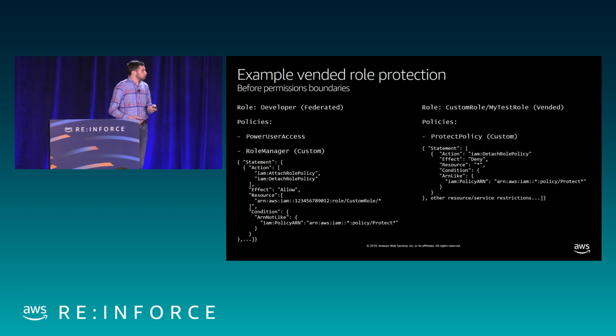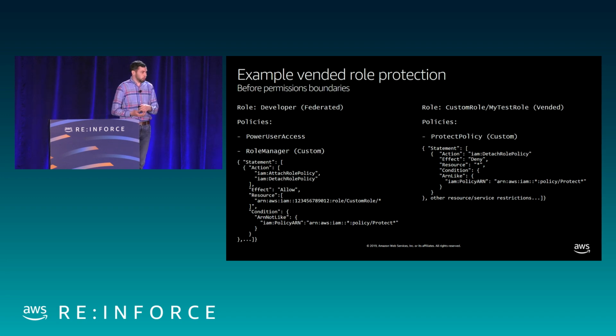So we added this additional policy, which in this case we're calling the role manager policy. And that role manager policy gives some limited permissions, in this case to attach and detach AWS managed policies, provided that they meet a few criteria. So one of the first criteria is that it matches some role naming convention which we came up with.